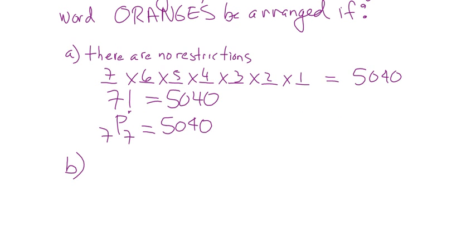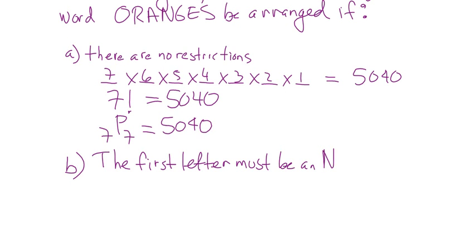B, the first letter must be an N. Well, we could do this 3 different ways, right? I could put down my 7 blanks.